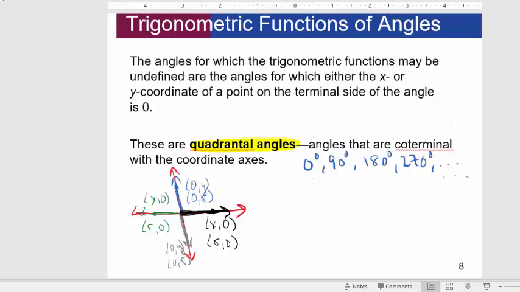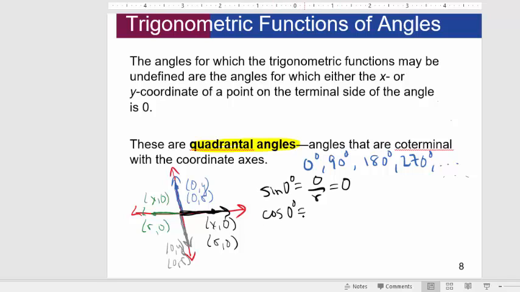So what this is going to tell us now is when we're at 0 degrees, the sine of 0 is going to be 0 over r, because it's y over r, which is 0.